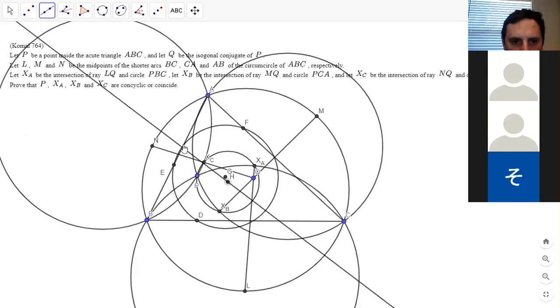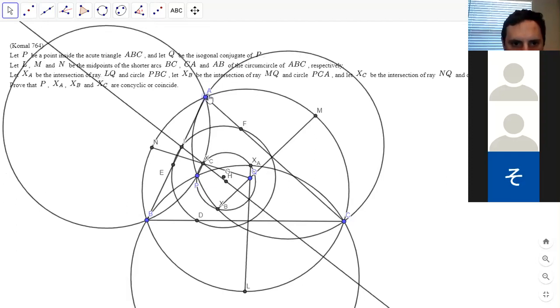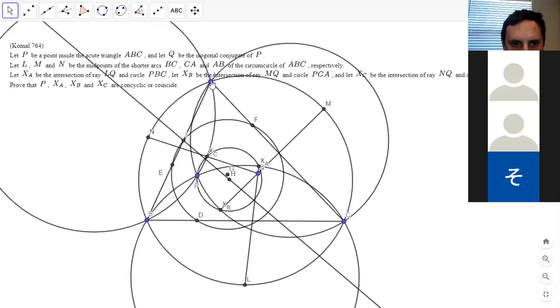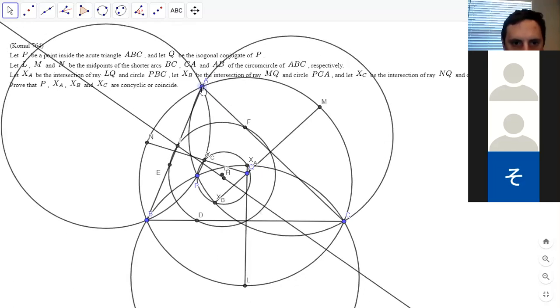Oh, maybe X, C, H and that point are collinear. I don't know if that's a coincidence. Let me move the diagram around. Yeah, it does look true. Oh no, it's not true.